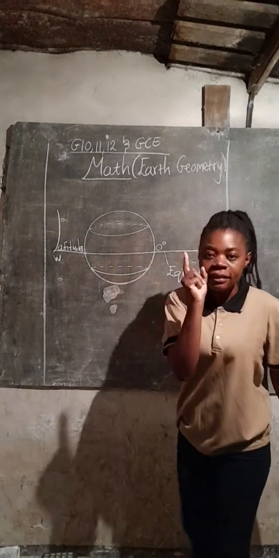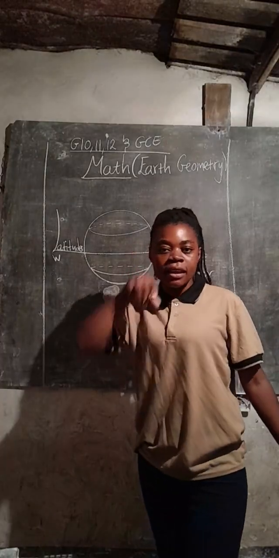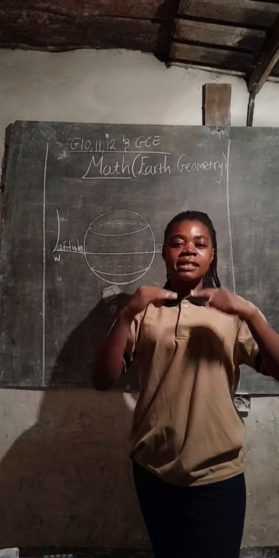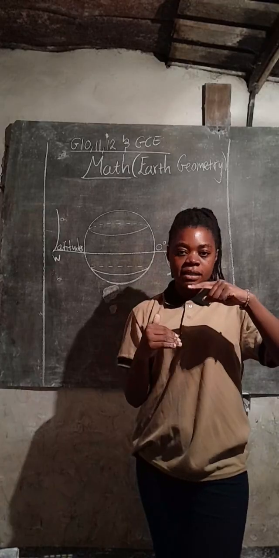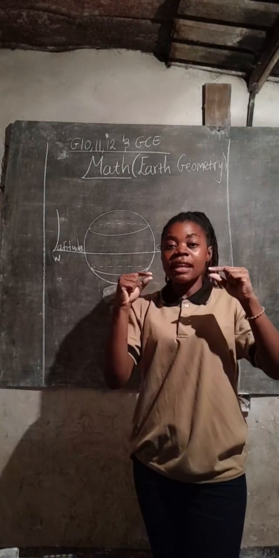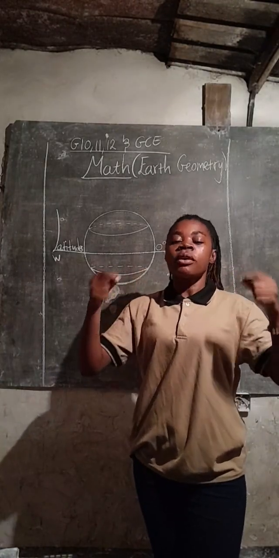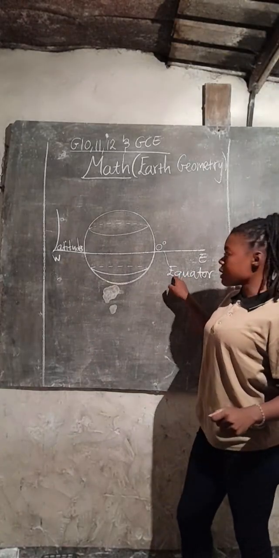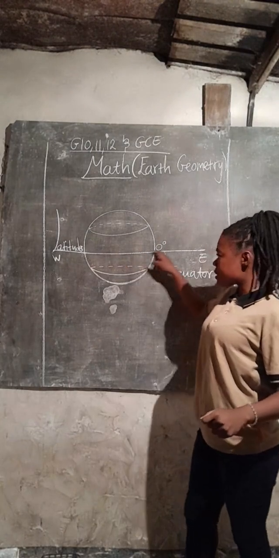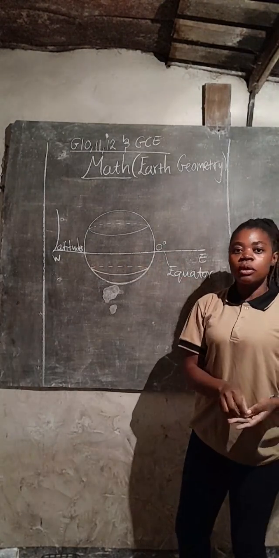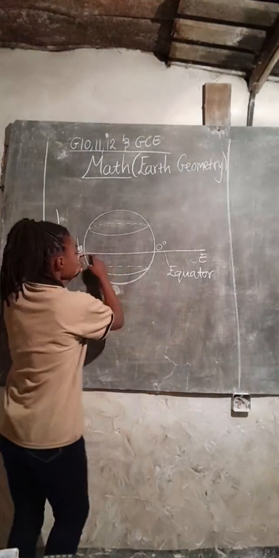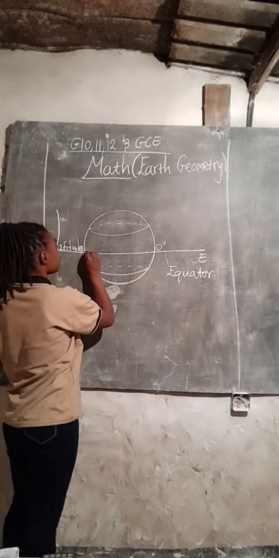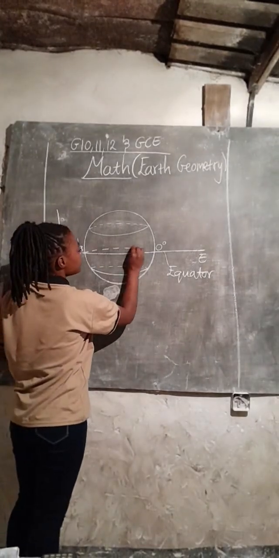So there is one important line that we talk about, which is cutting the earth into two parts. This line is a line of latitude, and we call it the equator. So the equator is a line of latitude which divides or cuts the earth into two equal parts. So meaning, even this line, if I want to draw the back line, it will be just what? Dotted lines.